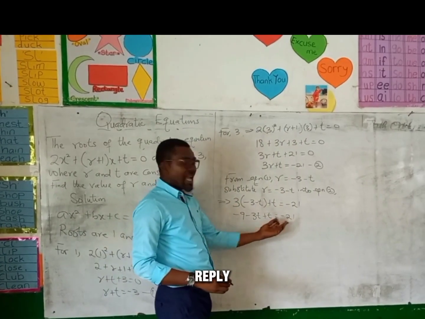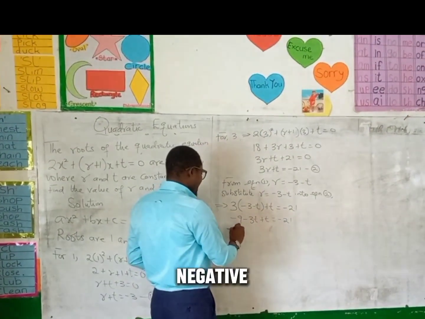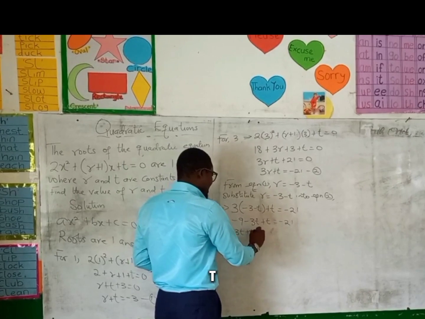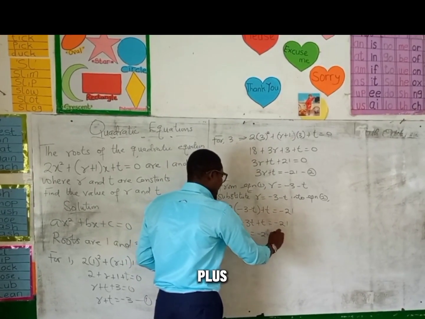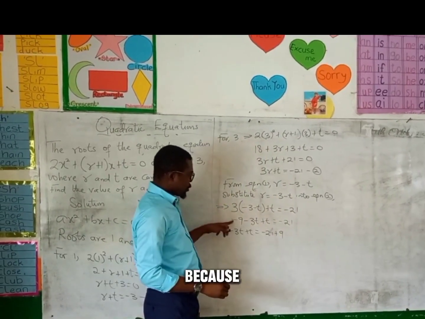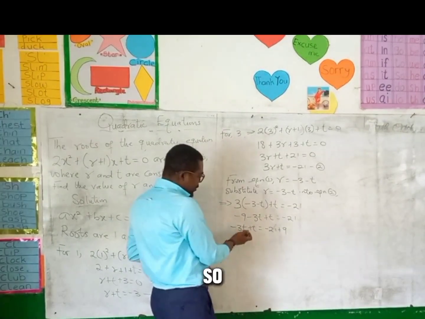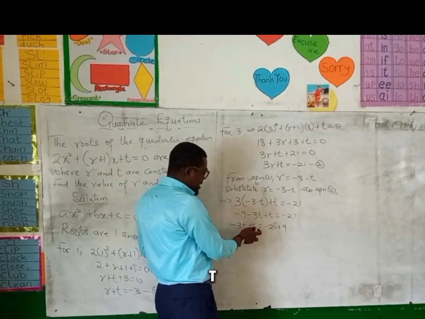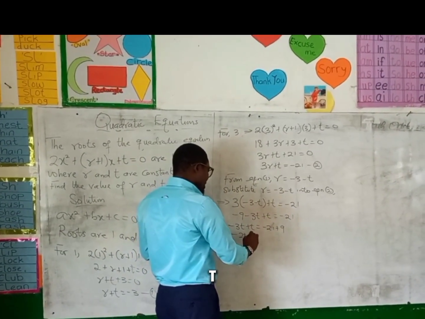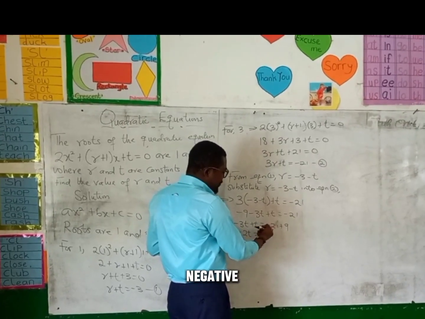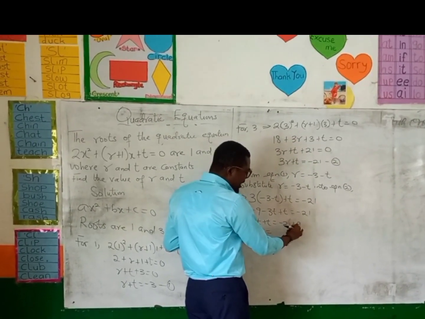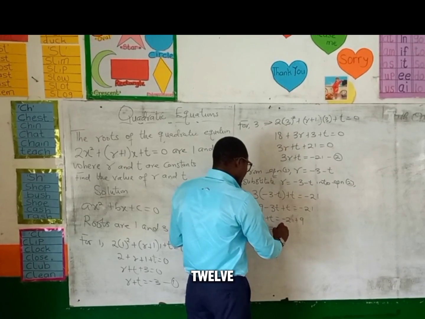So I want to group like terms. This gives negative 3t plus t is equal to negative 21 plus 9, plus because 9 was negative here. Negative 3t plus t gives negative 2t, and negative 21 plus 9 gives negative 12.